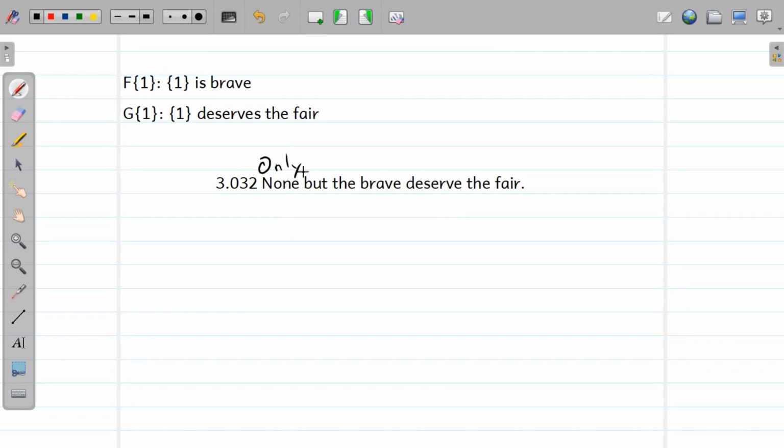What comes after the only? The consequent. So the brave is our consequent, and deserve the fair is our antecedent. So we want to say it's a conditional. Is it an existential or a universal generalization? It's a universal generalization. We're not just saying there exist some people who deserve the fair and are brave.